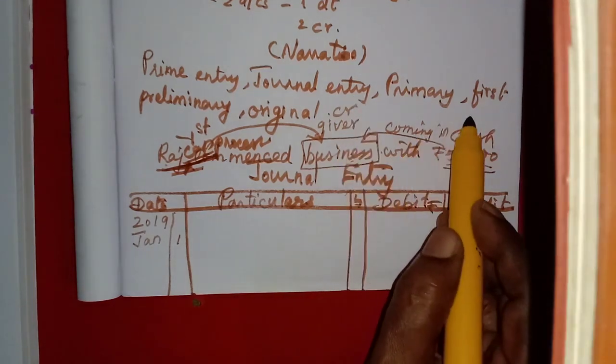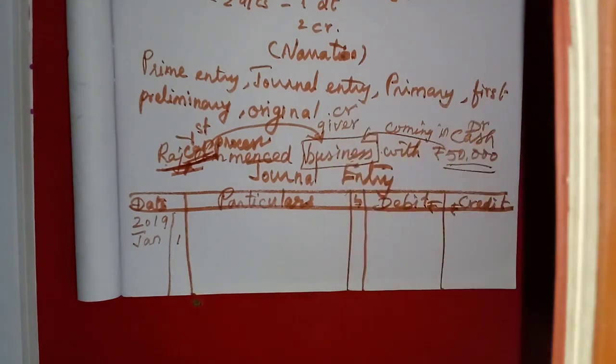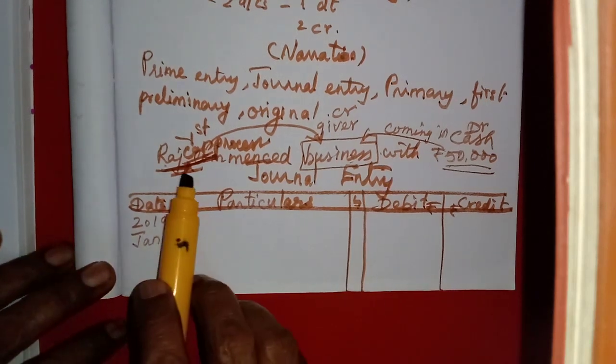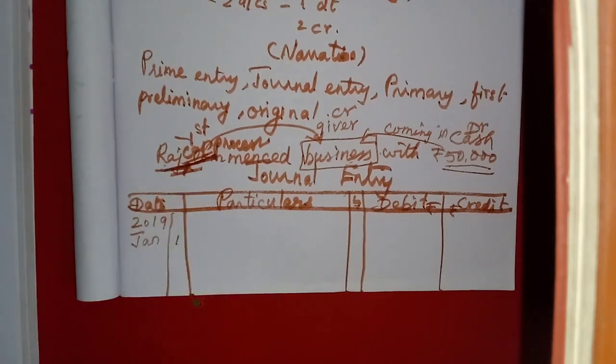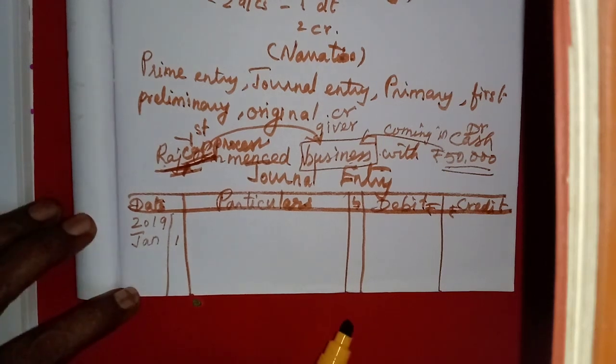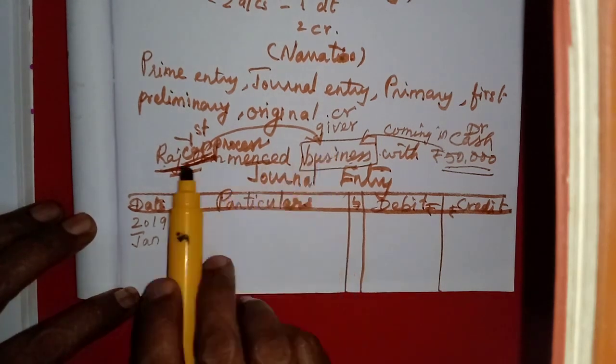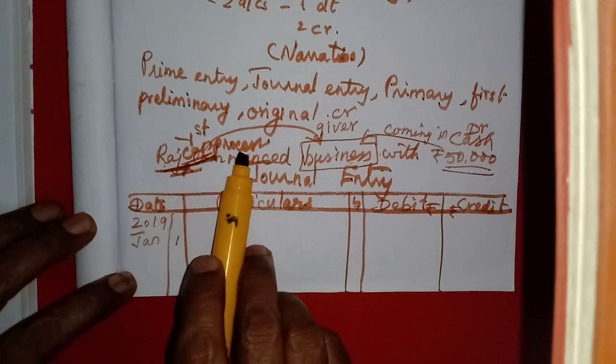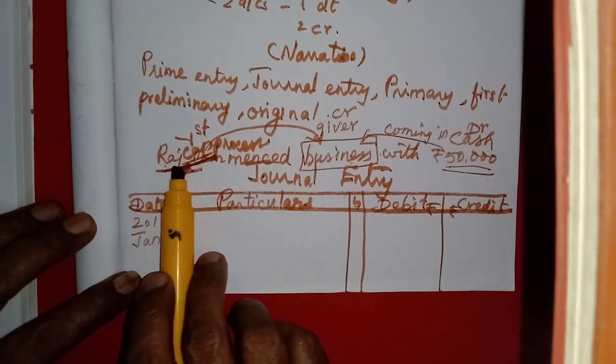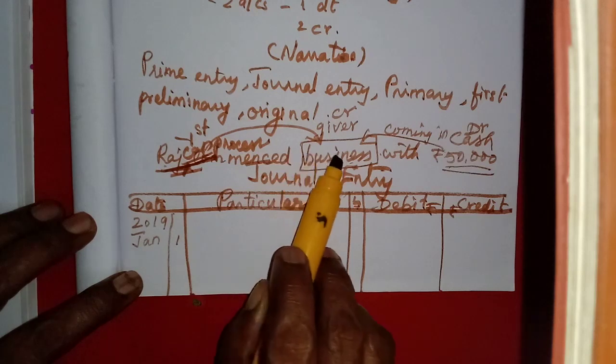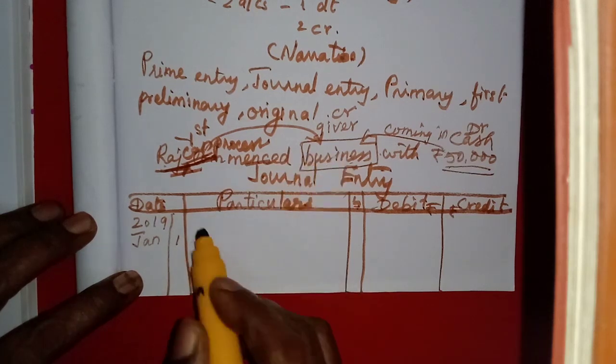Here cash is coming in, so we should debit. From the viewpoint of the business, don't think of Raj's capital; he is the giver. We may not think from the viewpoint of that person. From the viewpoint of the business, we should enter the journal entry.